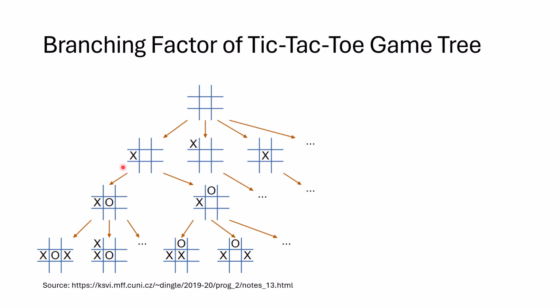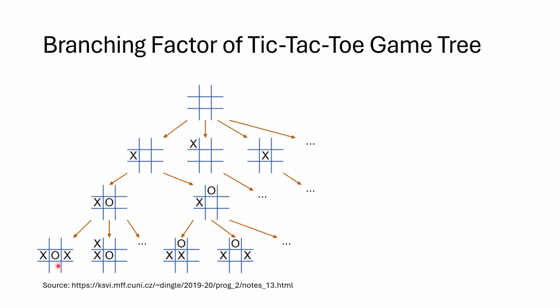So once the first person has put X in one of the 9 available spots, how many spots are left for the second person? For the second person, there will be only 8 spots left to put a circle. So for the second level, for each of those 9 first level children, there will be 8 other second level children for the second player.